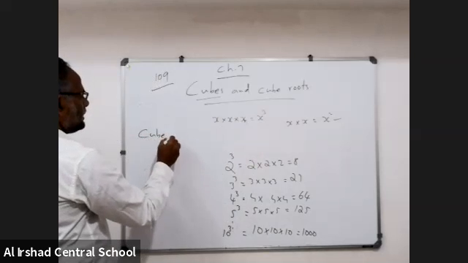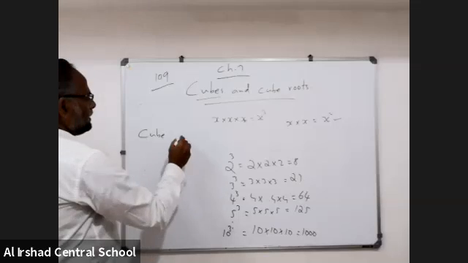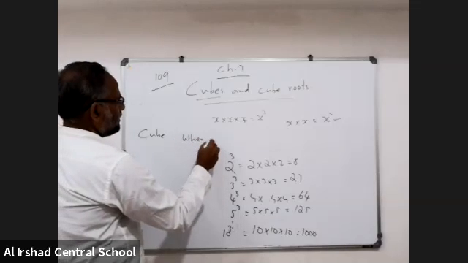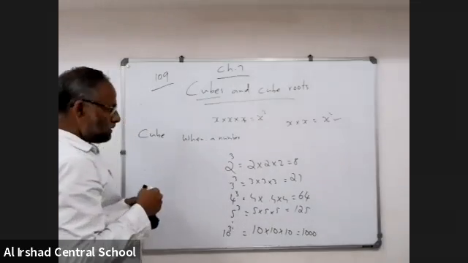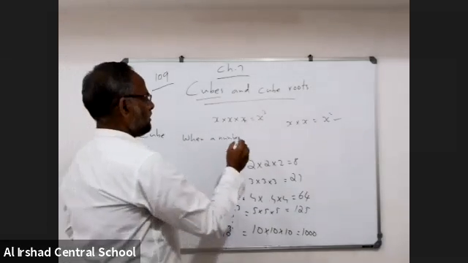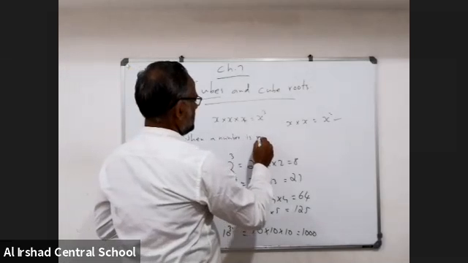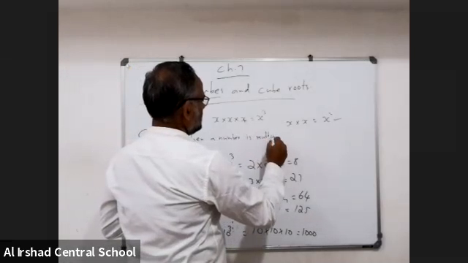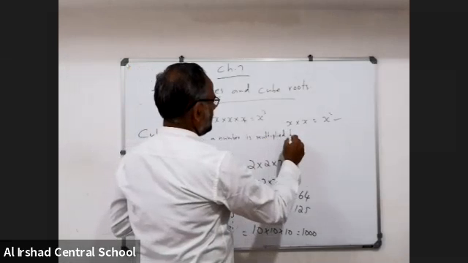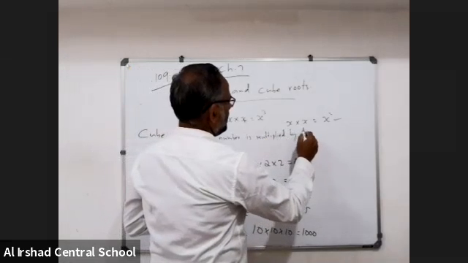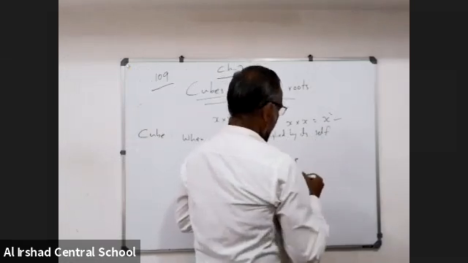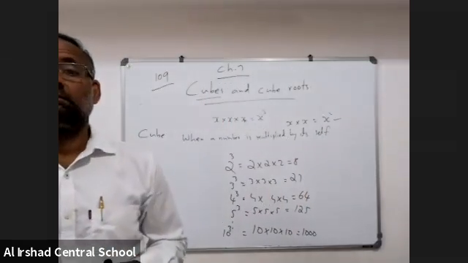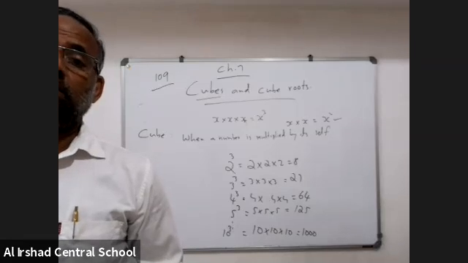Cube means when a number is multiplied by itself. How many times? I'm talking about cubes.